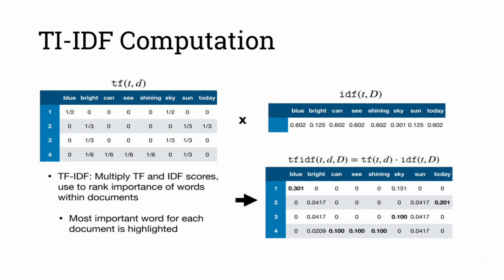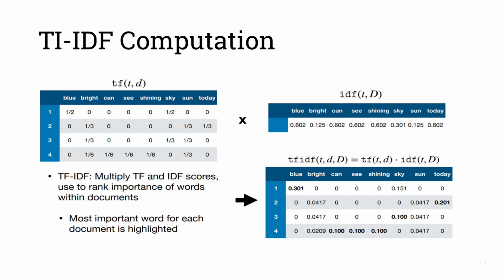Once we have TF and IDF scores ready, we can calculate the overall relevancy of each term in that document. So how do we do that? We multiply the TF and IDF scores. And you can see that once the multiplication is carried out, we can know the most important word in each document.